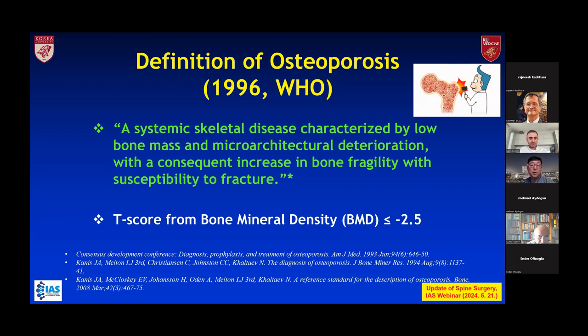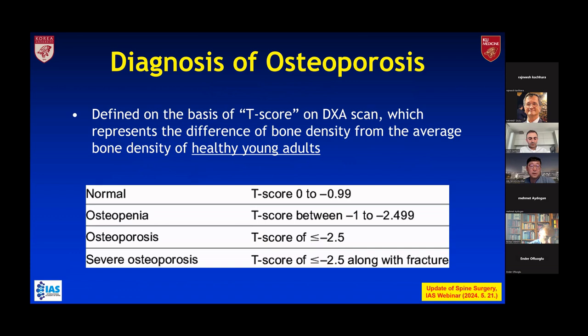In bone mineral density study, a T-score of minus 2.5 or less is osteoporosis by definition. Osteopenia is a T-score between -1 and -2.5. When the patient has osteoporosis below -2.5 along with a fragility fracture, it is called severe osteoporosis.